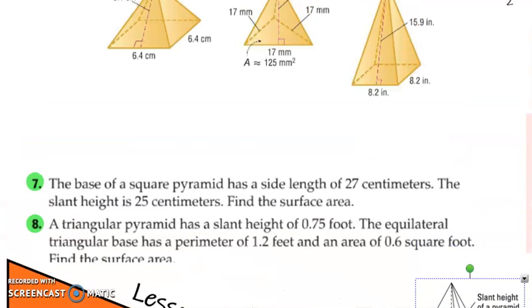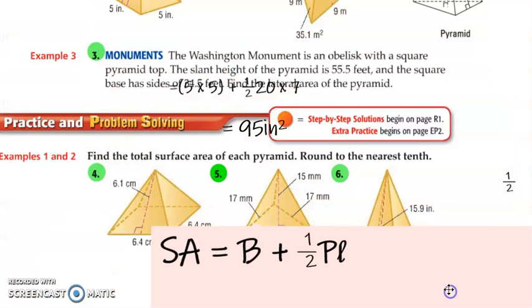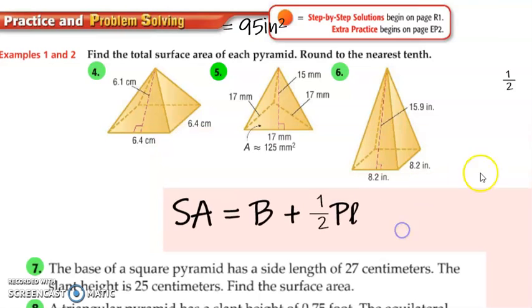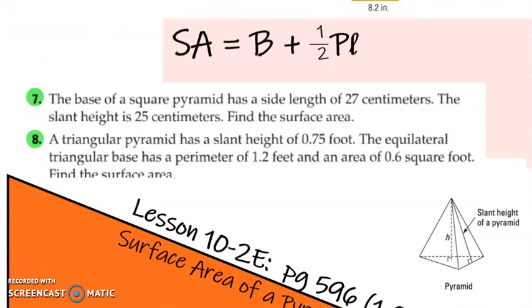Remember, that formula has only got 3 different variables in it. You were given the slant height. You were given what the perimeter is. And you were also given what the square feet of the base is. So you only need those 3 variables, and then you can calculate it.